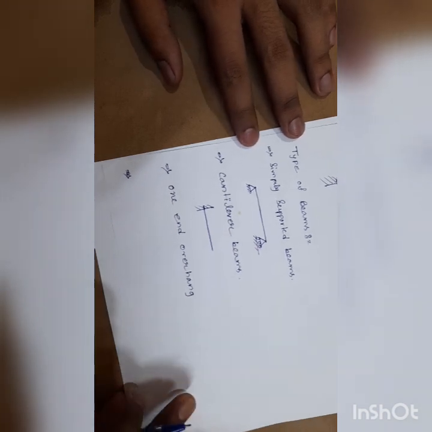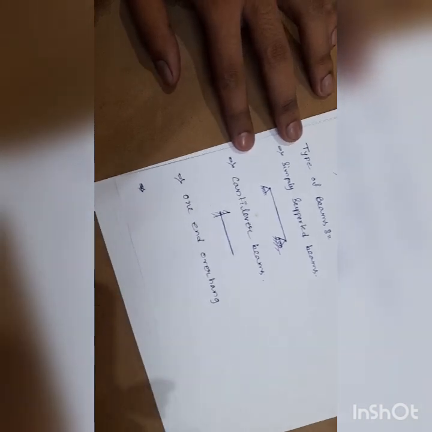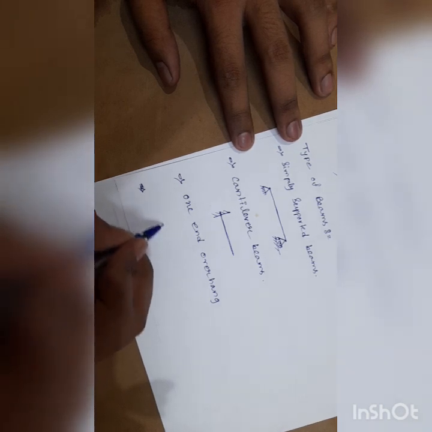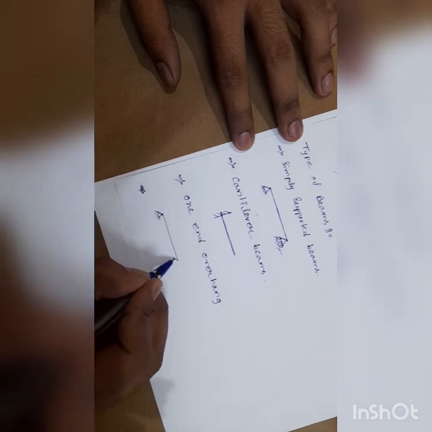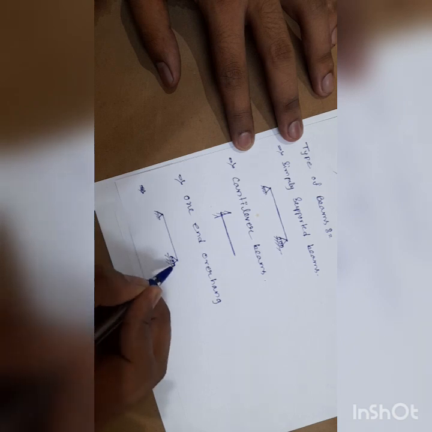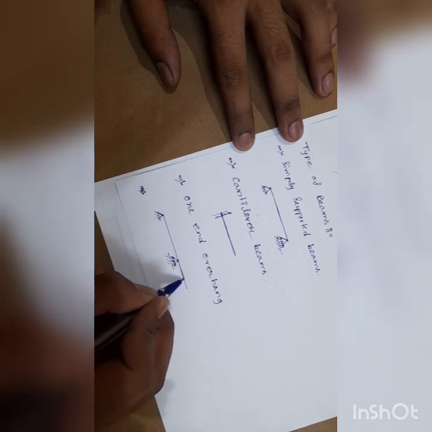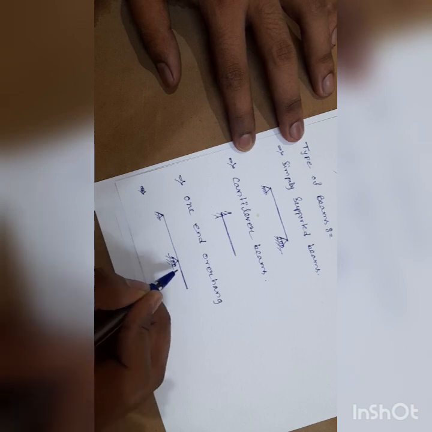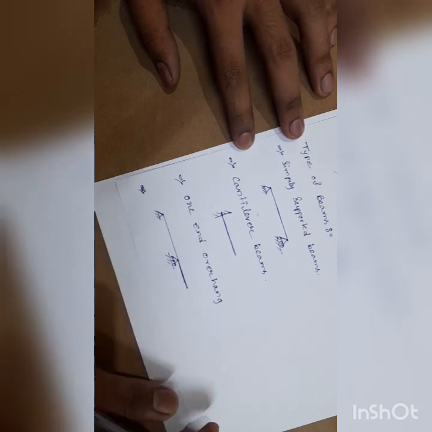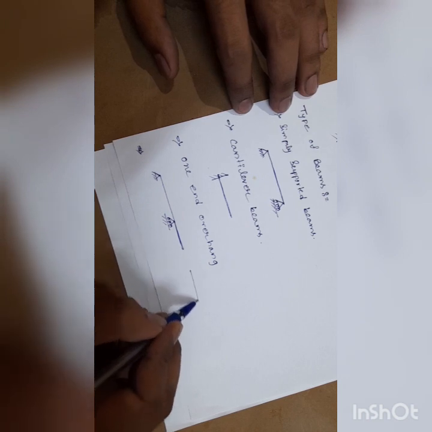Now next one is one end overhang, that is, this is a simply supported beam, but this end is overhanging. Okay, this end is overhanging, or this is a simply supported beam.